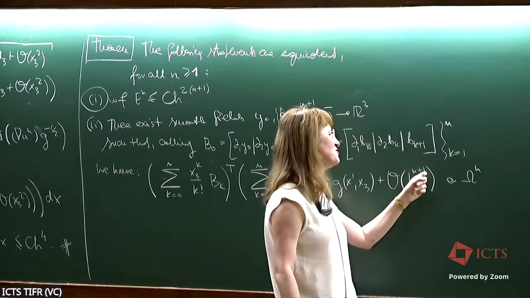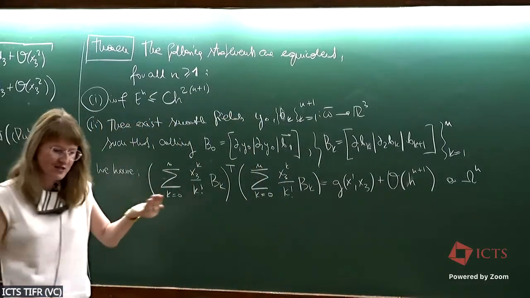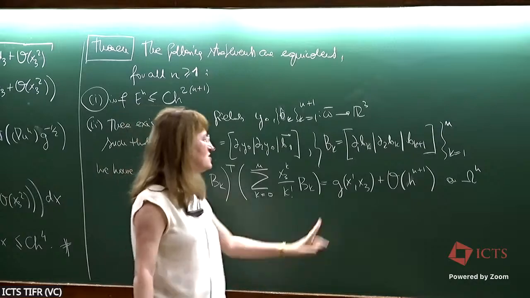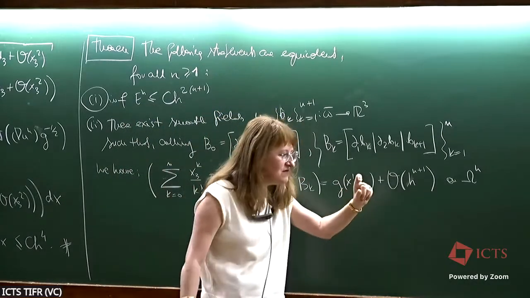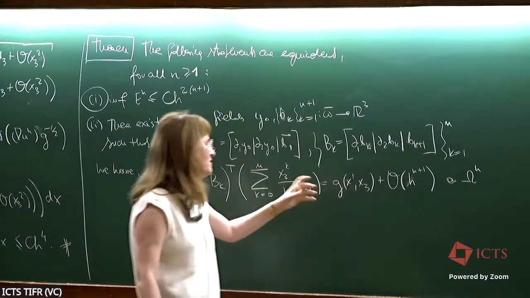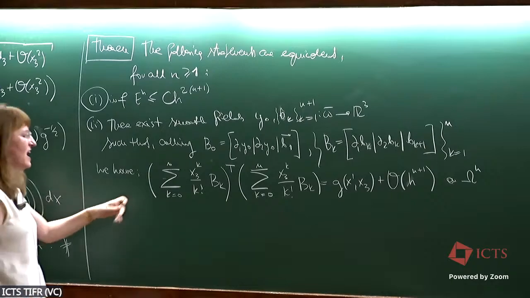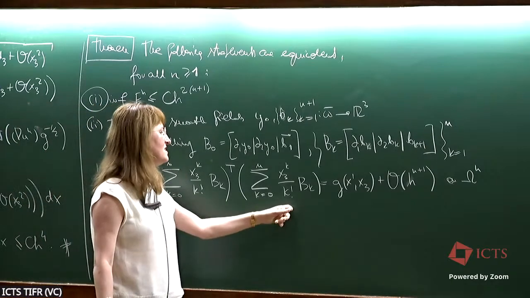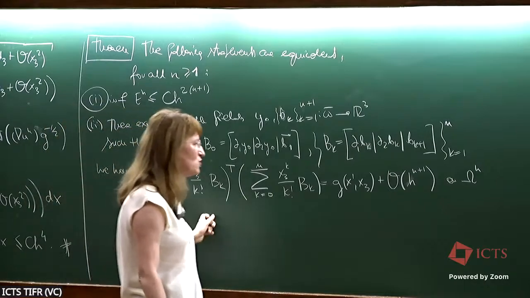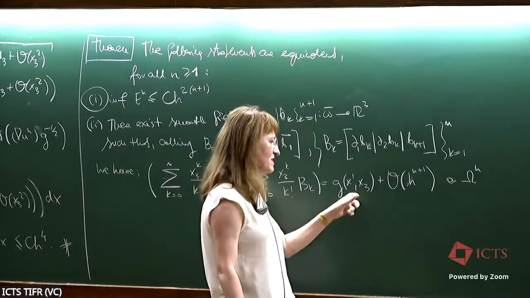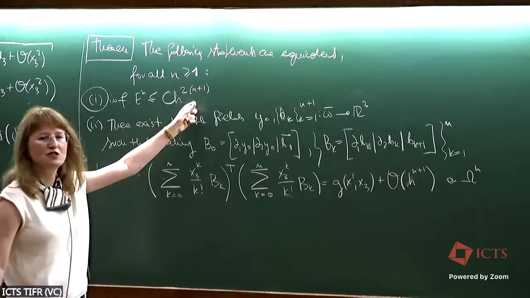Now I have h to power n+1. Of course, when n is 0, this is just trivial, right? So b0 transpose b0 is just G of x prime 0. So the difference to any x3, of course, is h, so it's trivial. But here I have a polynomial in x3, and I say that this is a possibly non-symmetric square root precisely of my G up to that order which appears in the energy.